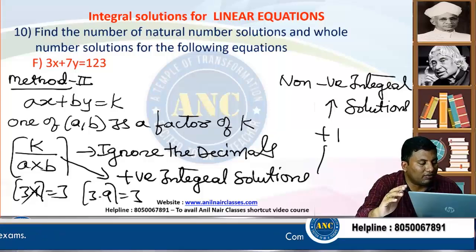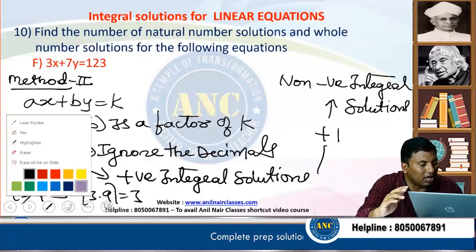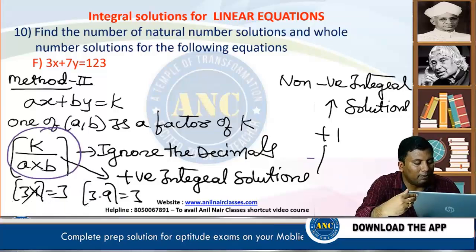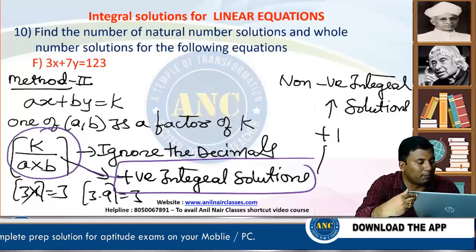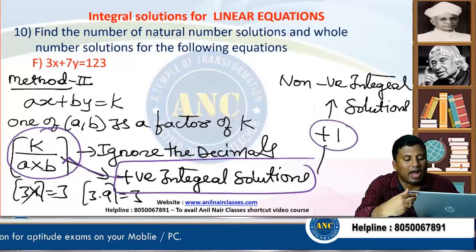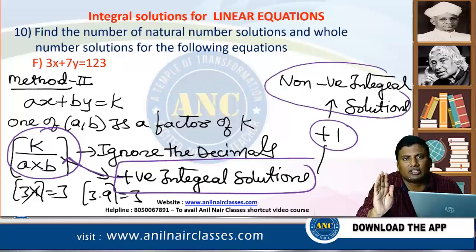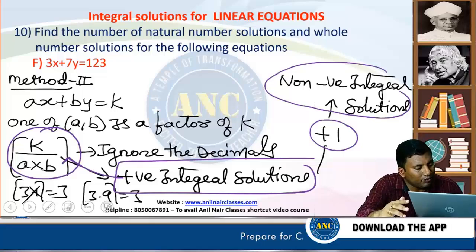Please make a note of this extremely important concept which helps you save your time. K by a into b is nothing but the positive integral solutions. Add 1 to it, I will get the non-negative integral solutions. Directly by looking at a question itself, you will get the answer.